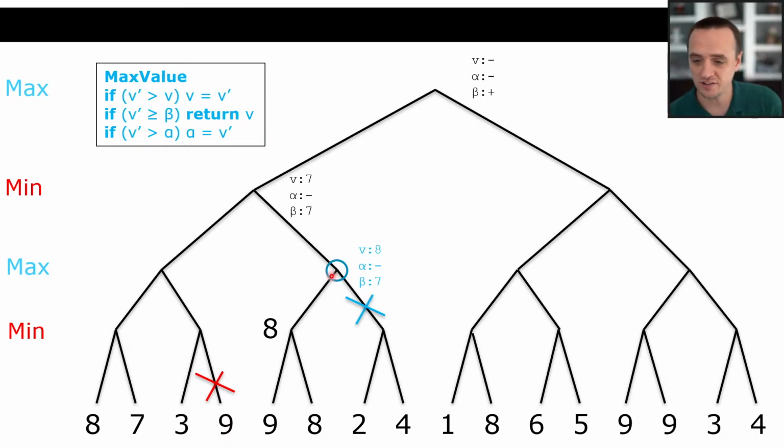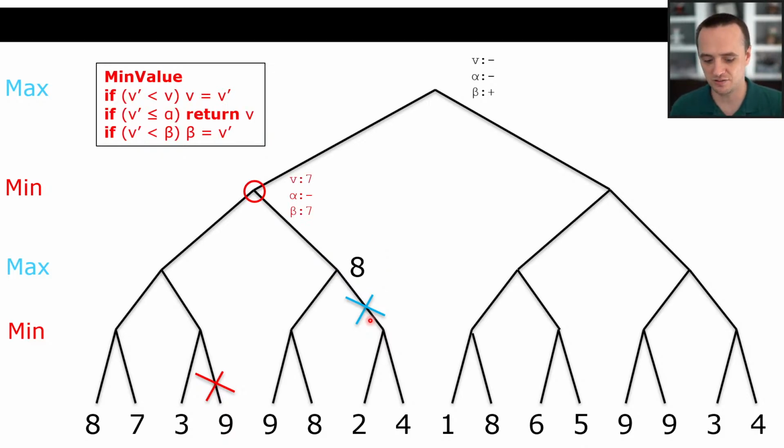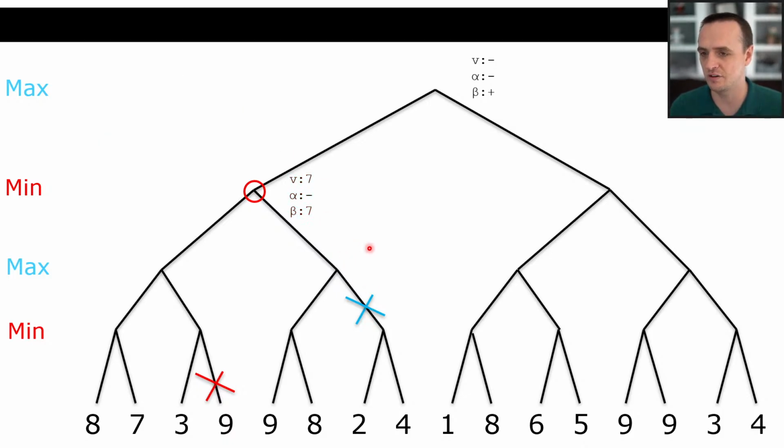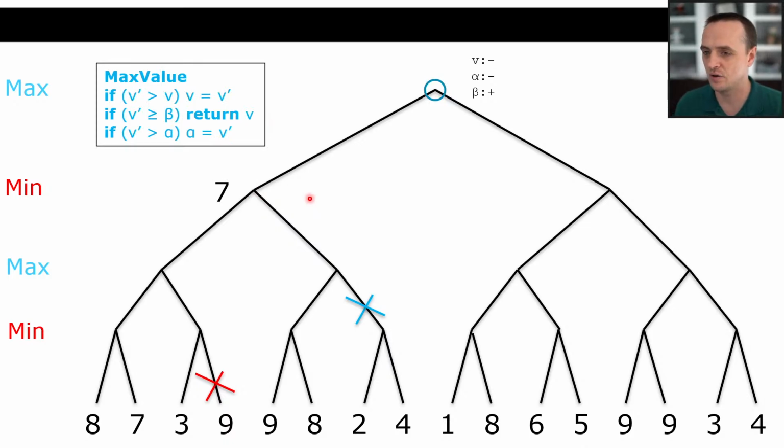So because this is going to be at least 8, but this one wants less than 7, nothing we do down here is going to matter. So I can prune the computation of that entire part of the tree, return that 8, and then this node does its update step and finds that this is not a new best value, and so this node now gets the value of 7.